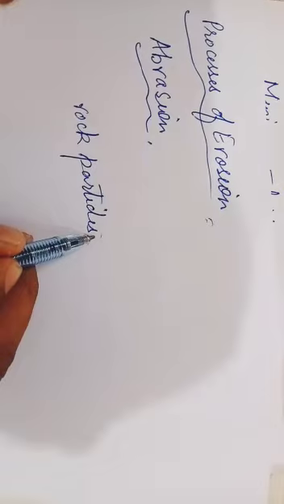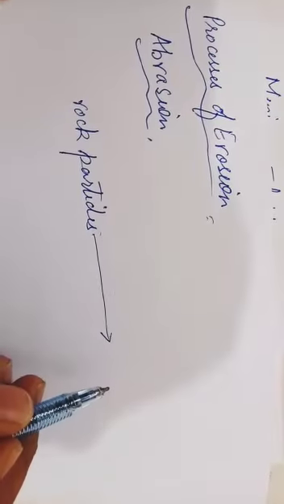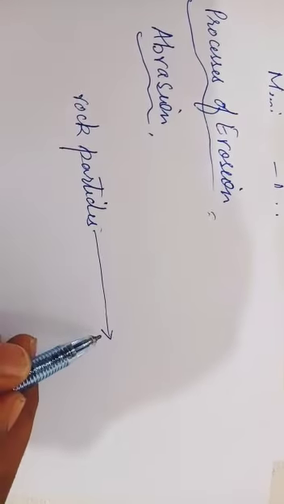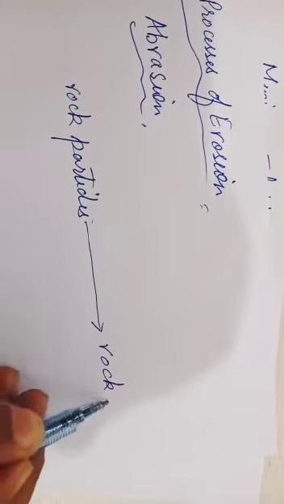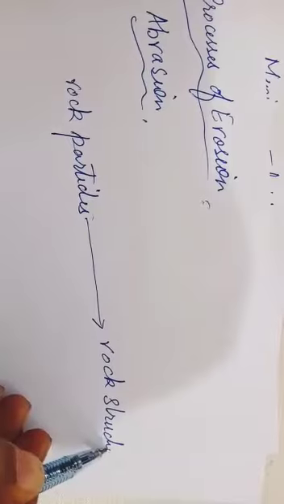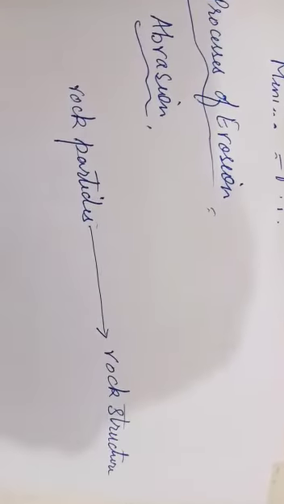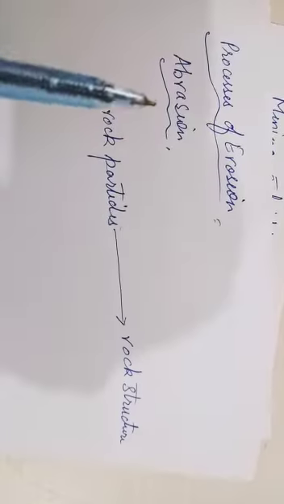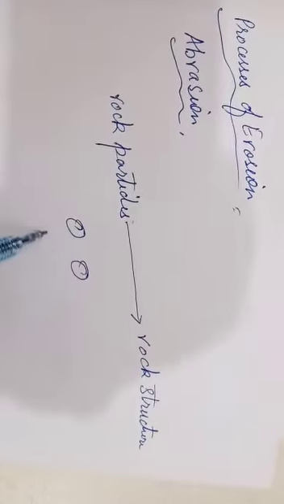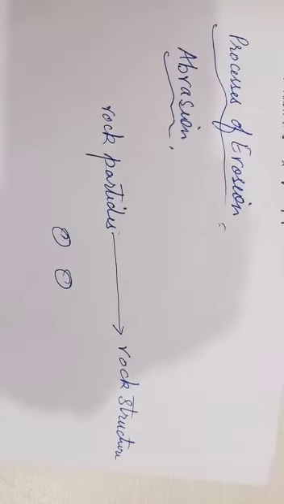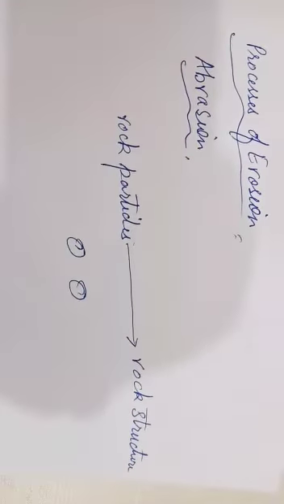Whenever these rock particles hit the rock structure along the coast, they erode it by abrasion, or you can say rubbing action. Whenever two rocks rub against each other, they tend to erode. So basically abrasion is that process.